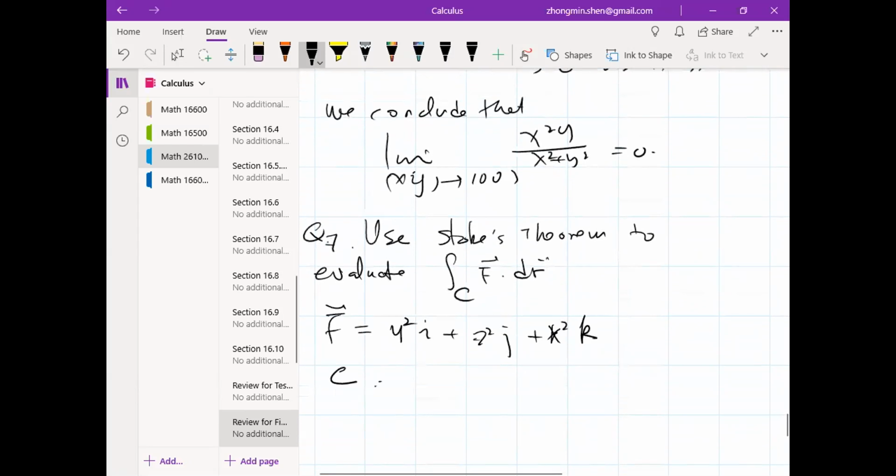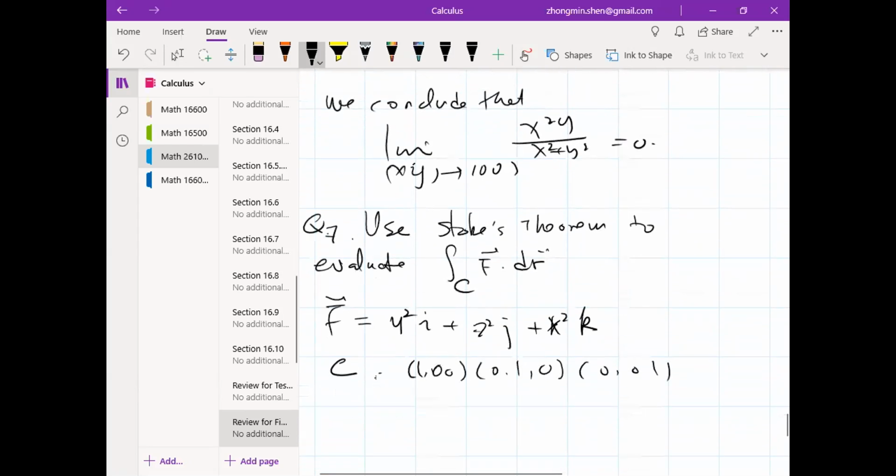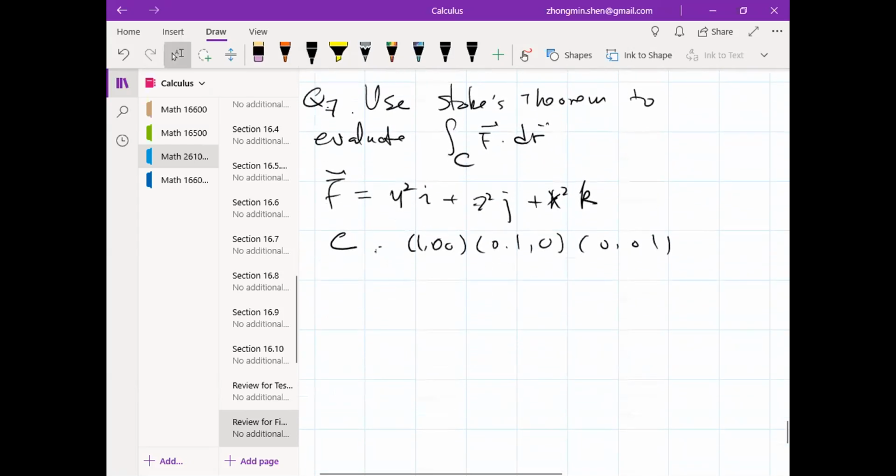C is a triangle with vertices, oriented counterclockwise. Okay, this is a triangle.